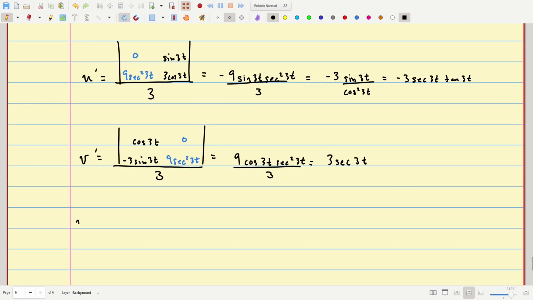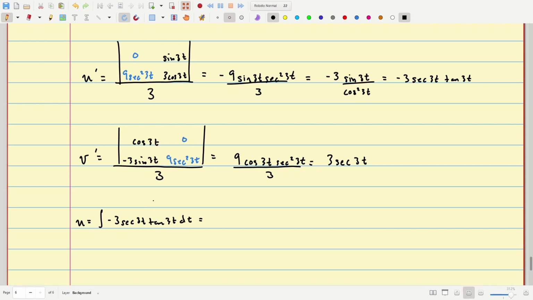These are both pretty straightforward integrals, just trig antiderivative identities. For secant times tangent, the antiderivative is secant. And we're just going to get negative secant here because we substitute u equals 3t.